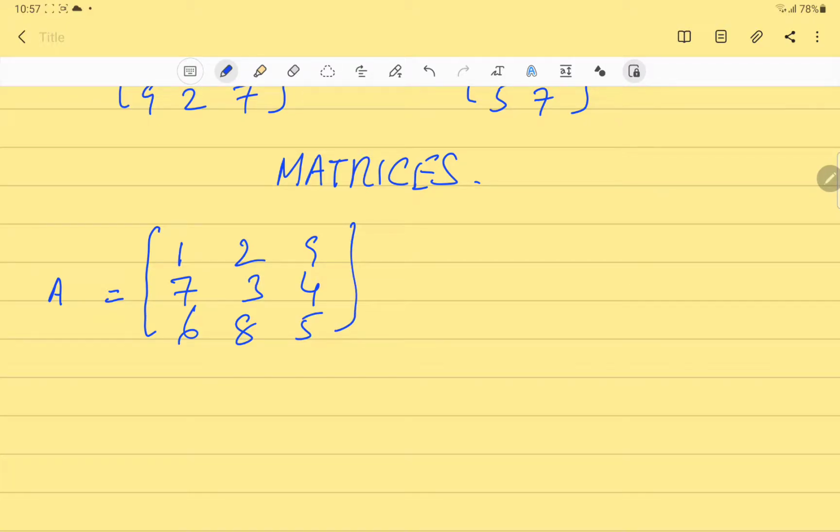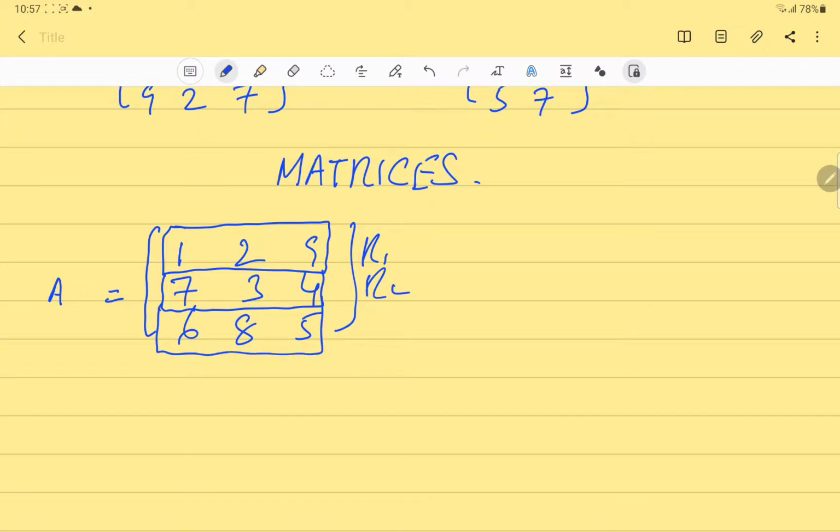This is the matrix A. It has 3 rows. This is row 1, this one is row 2, and this one is row 3.